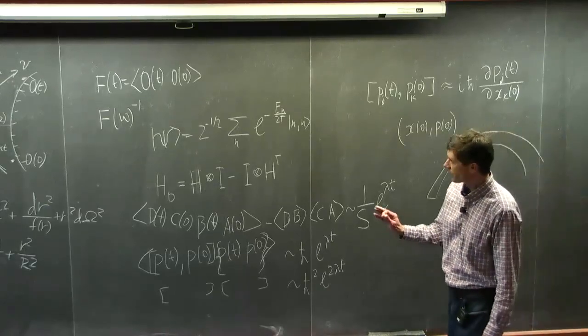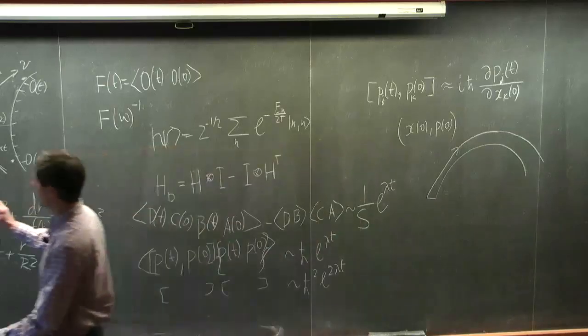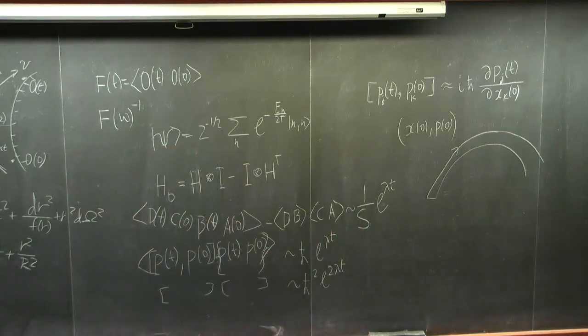Now, let's discuss how it grows in this case. And there are two parameters, J and the temperature. And first, let's consider this case. J is much smaller than the temperature. It's the high temperature case.